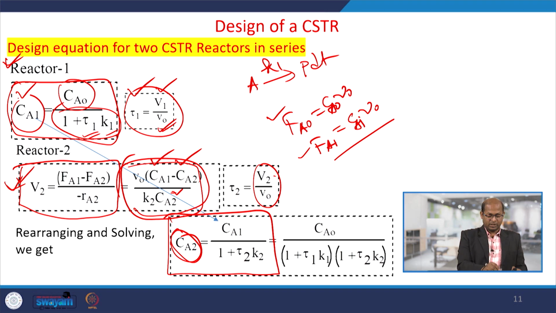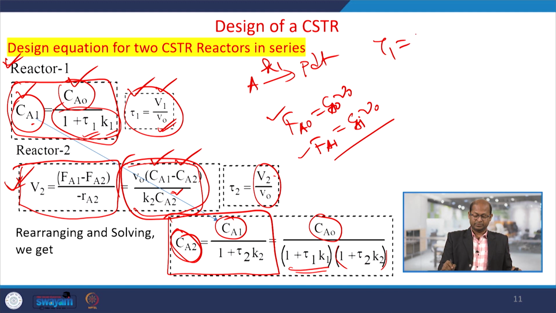So Ca2 in terms of Ca1, and these Ca1 we substitute in terms of Ca naught, and 1 by tau 1 K1 is replaced here. Here tau 1 is V1 by V naught, tau 2 is V2 by V naught.